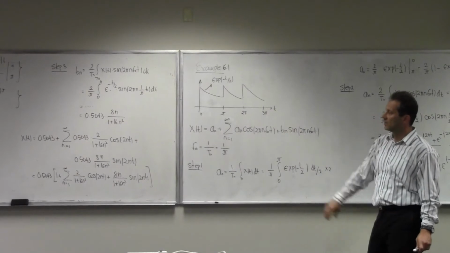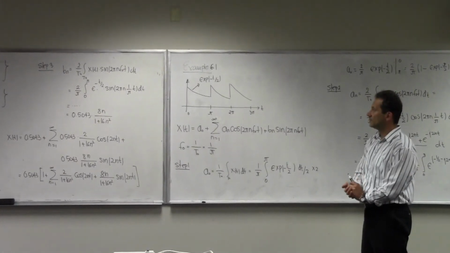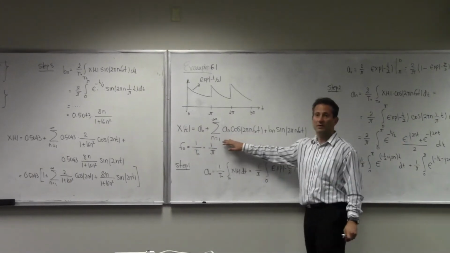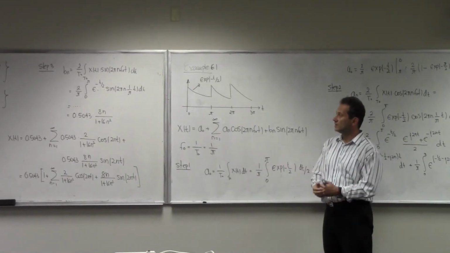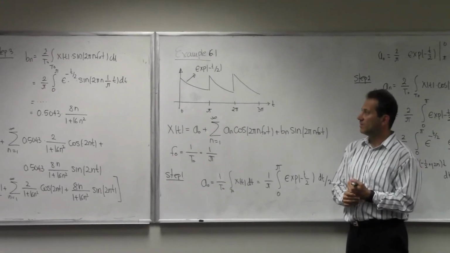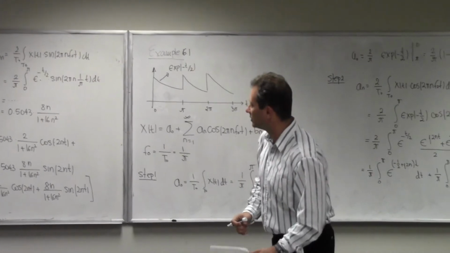In the second step, you calculate ANs, and in the third step, you calculate BNs. This form that I have here is called Form 1, or basic trigonometric form of the Fourier series. We use 2 additional forms that are equivalent, but somehow give us better insight in a certain situation.